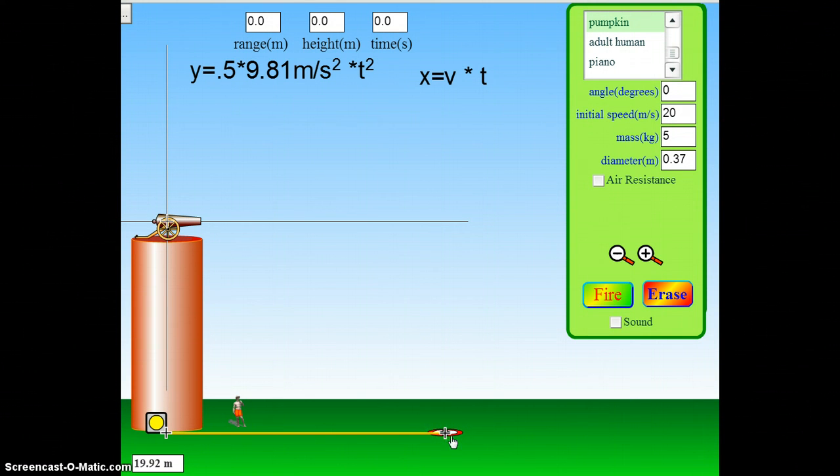How fast must the cannon shoot to hit 20 meters away from a height of 15 meters? So it's 15 meters high, the target's 20 meters away. How fast? We're going to change the velocity here to figure that out. Calculate that in case you didn't get that.